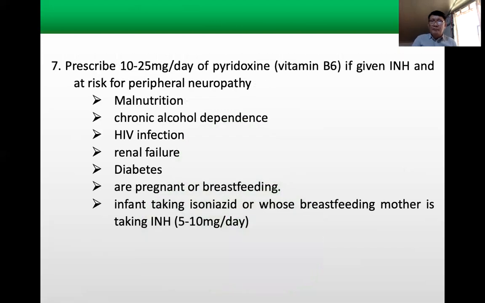Prescribe 10 to 25 milligrams per day of pyridoxine, vitamin B6, if given isoniazid, for those at risk for peripheral neuropathy. Okay, so such as malnutrition, chronic alcohol dependence, HIV infection, renal failure, diabetes, pregnant or breastfeeding, infant taking isoniazid, or whose breastfeeding mother is taking isoniazid, 5 to 10 milligrams per day.